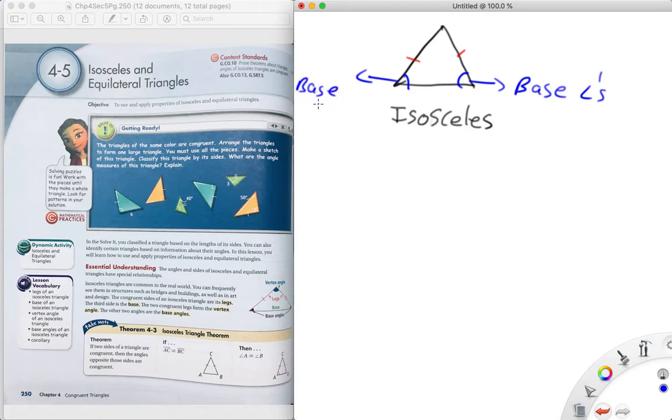The angle that is not opposite of the congruent sides is called the vertex angle. And the congruent sides of the isosceles triangle are called the legs.